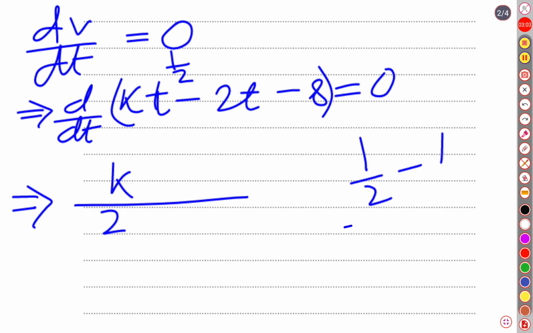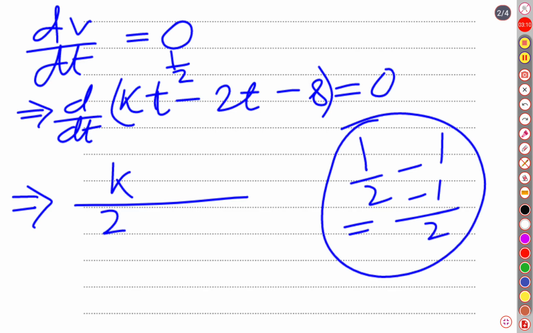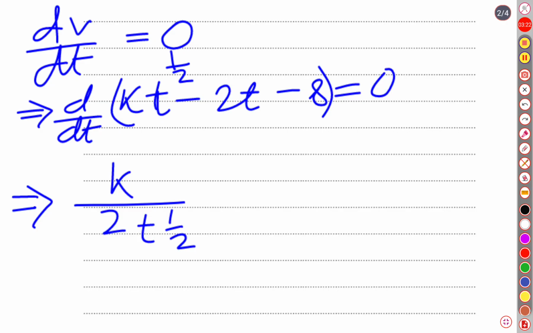If we simplify this, it is actually negative half. So the degree of t is now negative half. Negative half means actually it is the denominator. And minus 2, because the derivative of 2t is 2 and the derivative of 8 is 0. So the right side is 0.